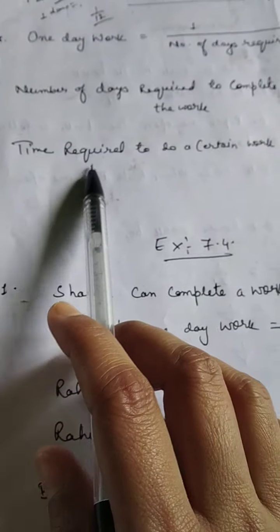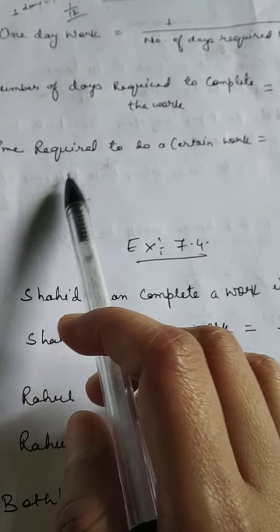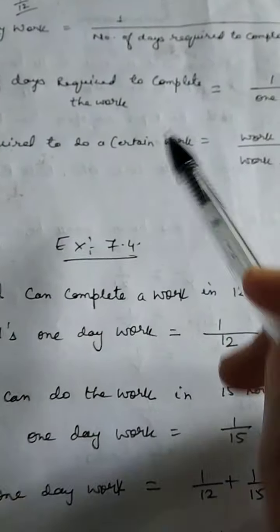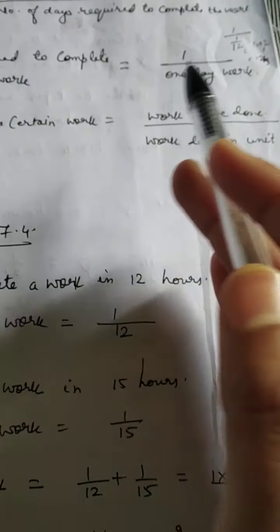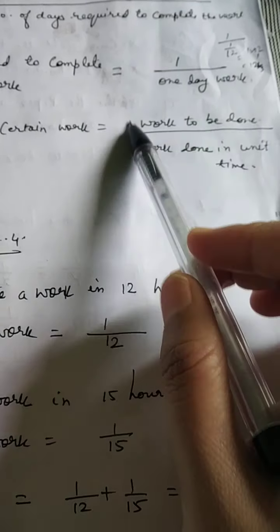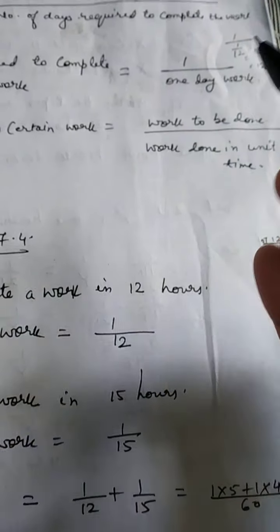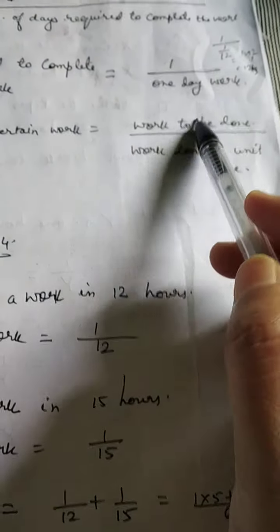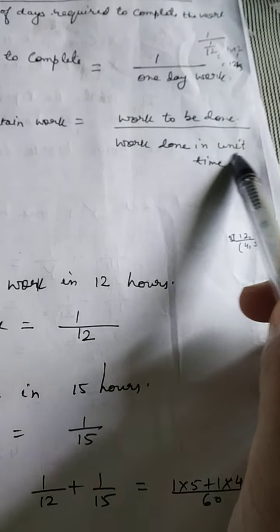Next is time required to do a certain work, means how much time is needed to do certain work. Certain work here means the work can be remaining work or left part of a work or one complete work. Okay. So its formula is work to be done, means how much work is to be done, how much work is left, or whatever the work is to be done, you will write it in numerator, divided by work done in unit time.